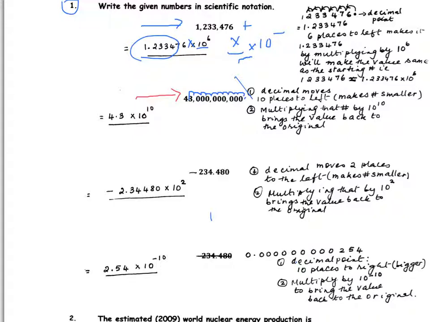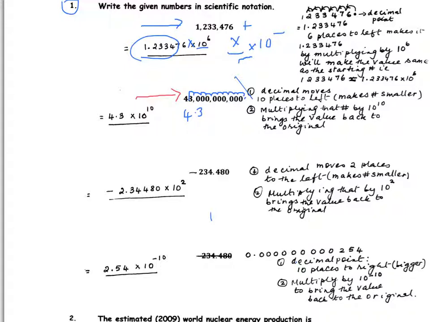So if I stop and place the decimal point right after 4, I get 4.3, and that's a number between 1 and 10. So that works for us.